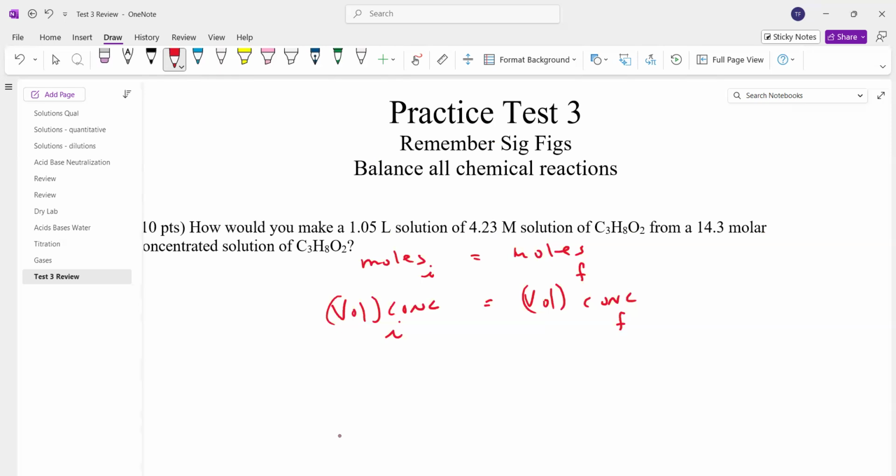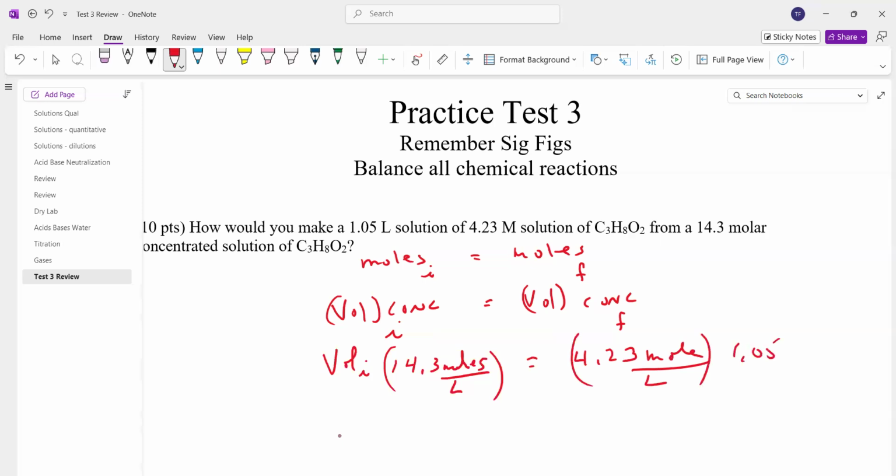The initial concentration, that's the concentrated stuff, is 14.3 molar, that's moles per liter. We don't know how much of the concentrated stuff we need to start, so we're going to leave that as a variable. What we want to end up with is concentration 4.23 moles per liter times 105 liters. I'm going to solve for the initial volume of the concentrate.